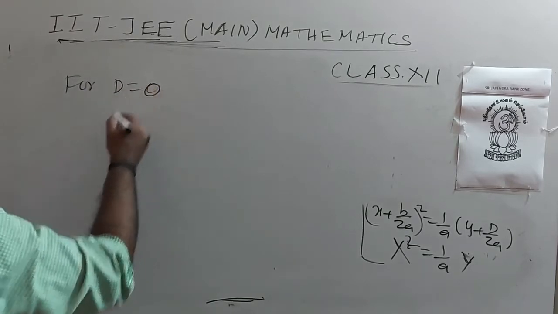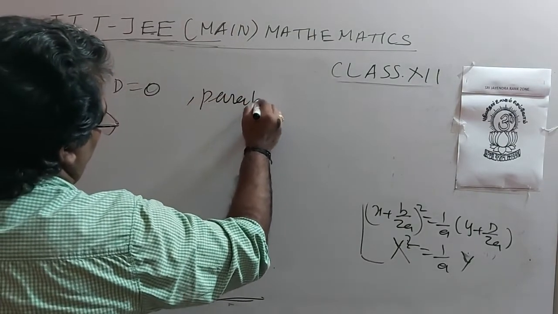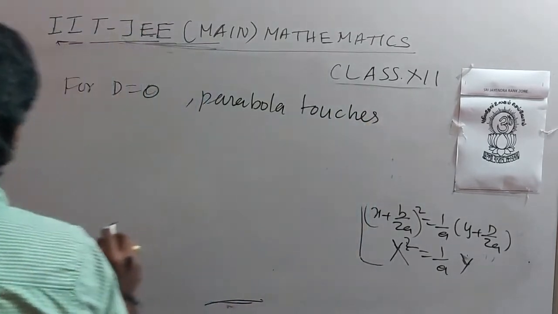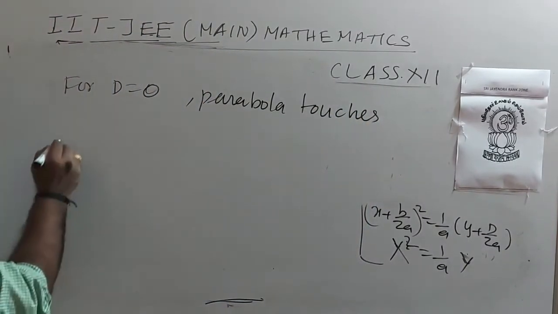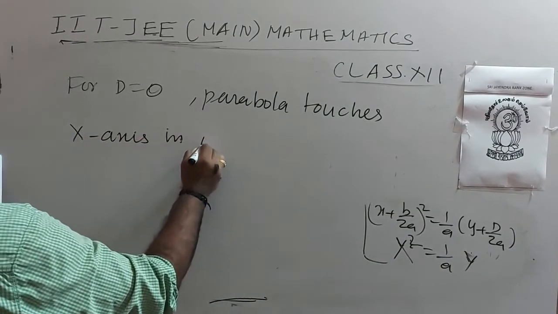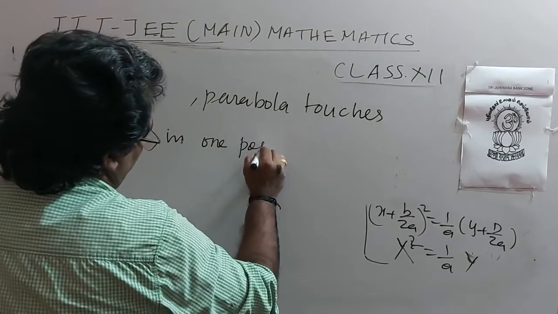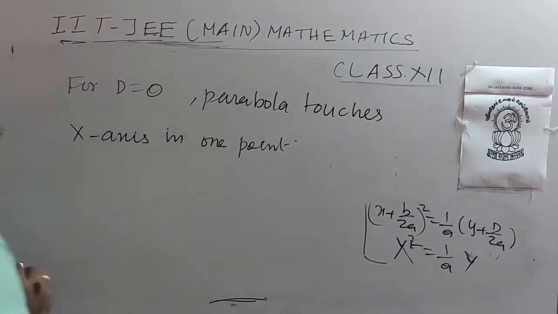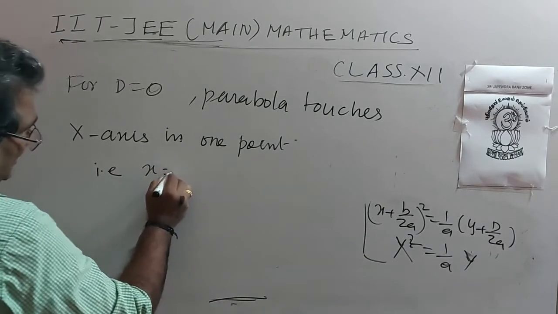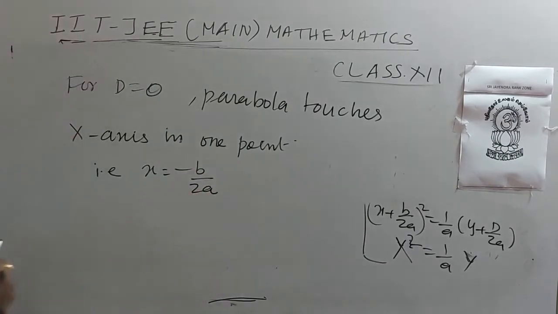For d equals 0, the parabola touches the x-axis at one point, that is x equal to minus b by 2a.